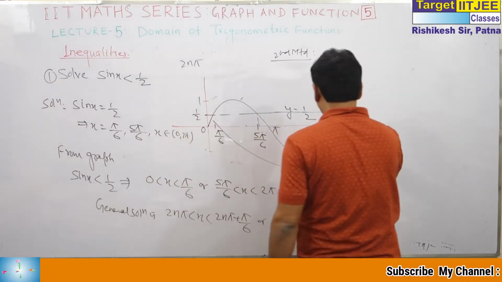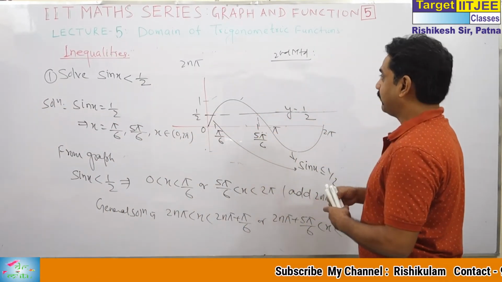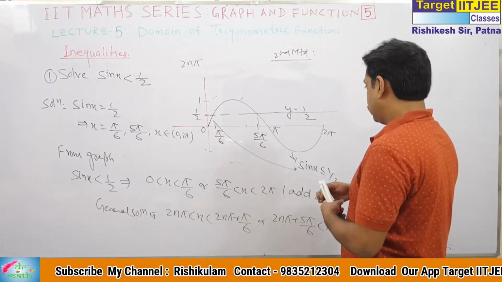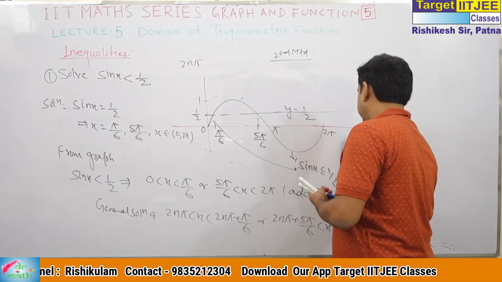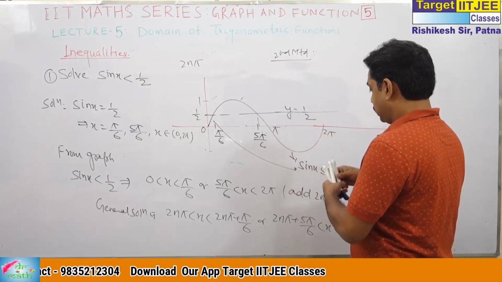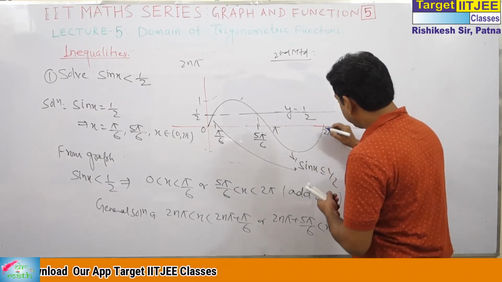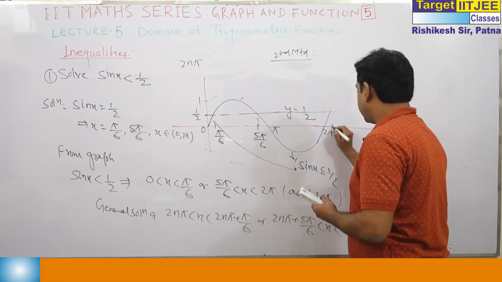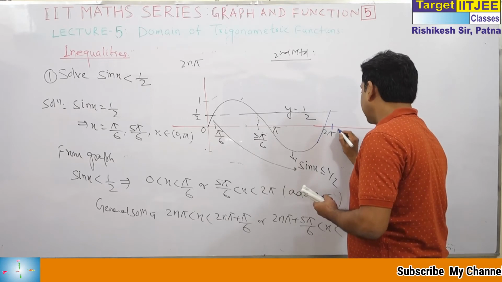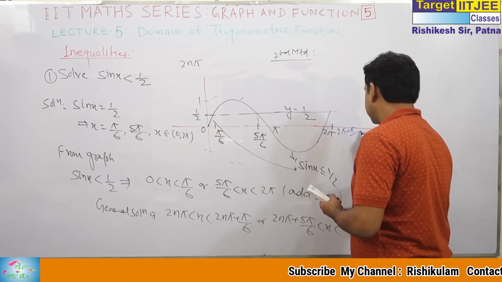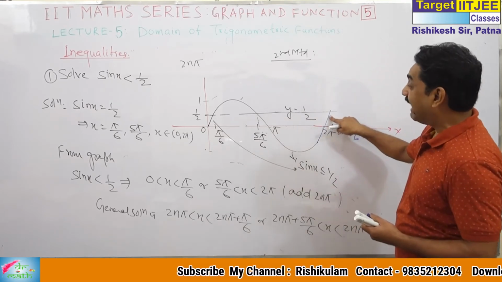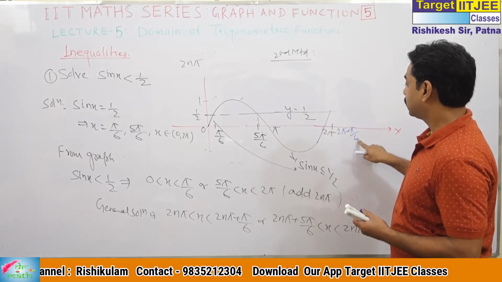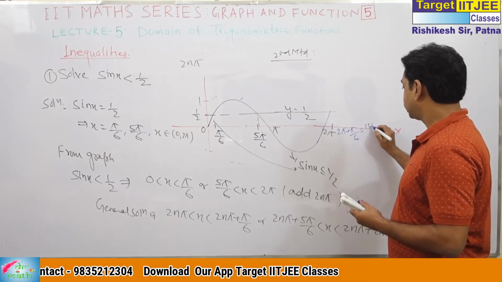Actually, what we do, we extend the graph. Now, after that, this graph reaches this one. What is this point? Obviously, this point is actually 2 pi plus pi by 6. The next value at which sin x is 1 by 2 is 2 pi plus pi by 6, which means 13 pi by 6.